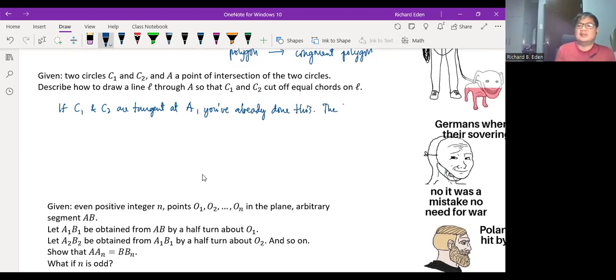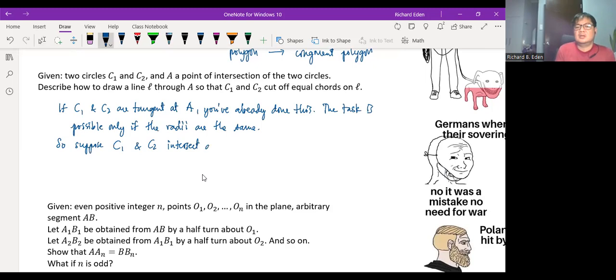The task is possible only if the radii are the same. Okay, so suppose C1 and C2 intersect at 2 points A and B.